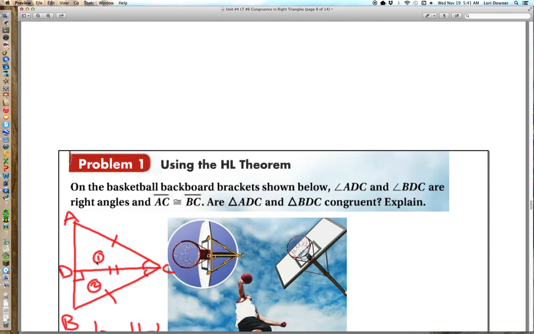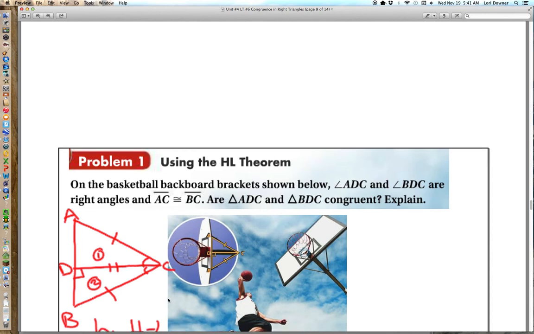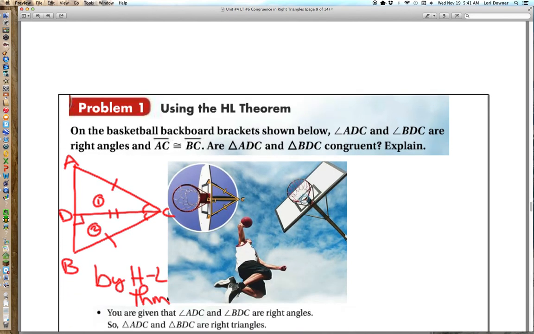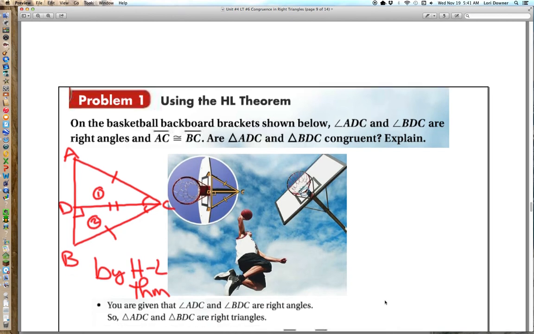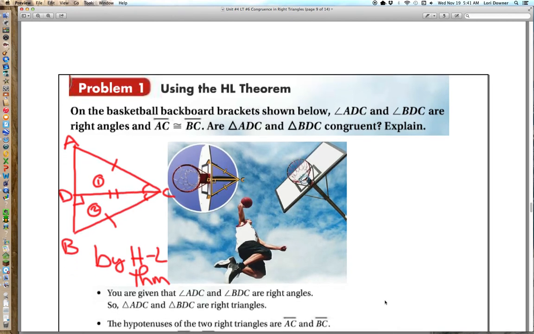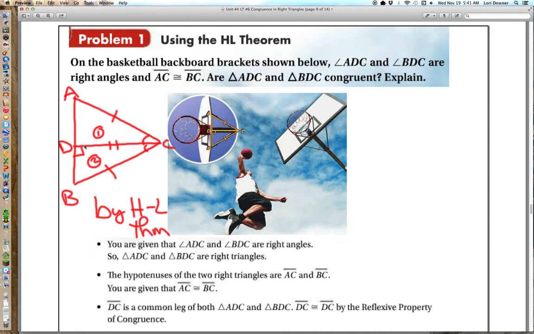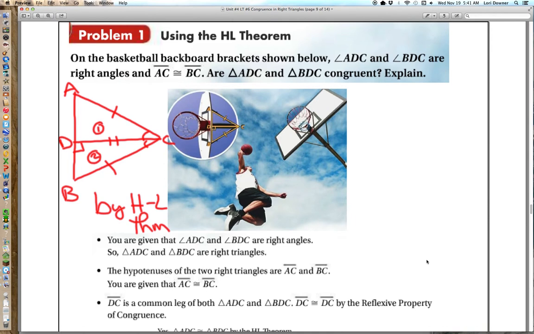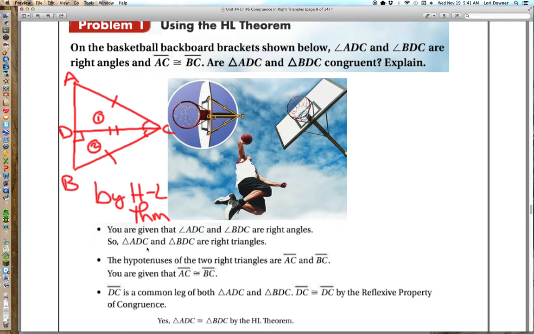So in both of these triangles, 1 and 2, I have the hypotenuses congruent, which are the two sides indicated as congruent here, and I have the legs congruent. So by hypotenuse-leg, I have the two triangles congruent. And it works because both these triangles are right triangles. So a more detailed explanation is written down here. And you can say, yes, the triangles are congruent by the HL theorem, hypotenuse-leg theorem.